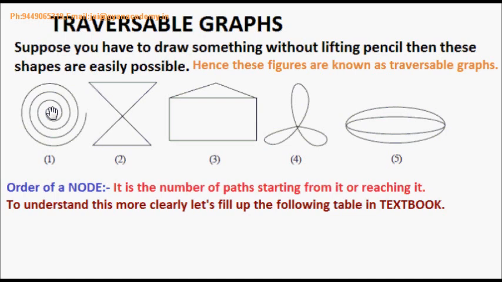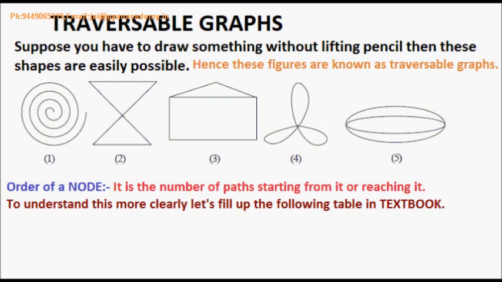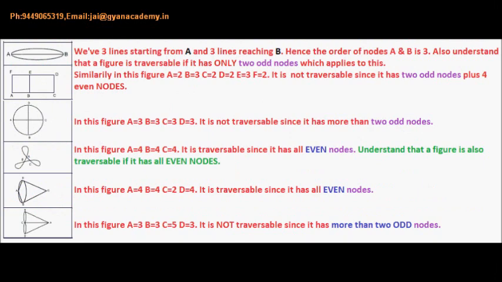Before that, understand that a graph is traversable only if it has 2 odd nodes or has only even nodes. Either it should have 2 odd nodes or it should have only even nodes. The order of a node is the number of paths starting from it or reaching it. Let's go back to the textbook and fill in the data.